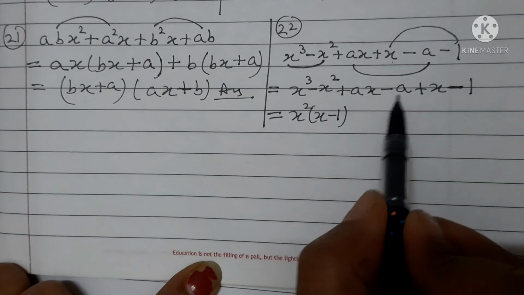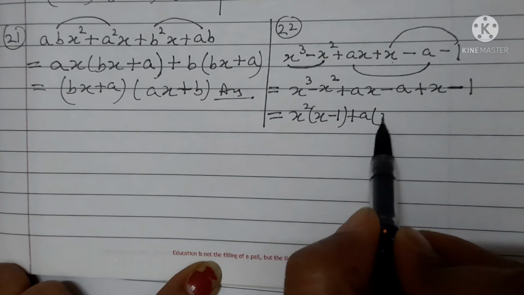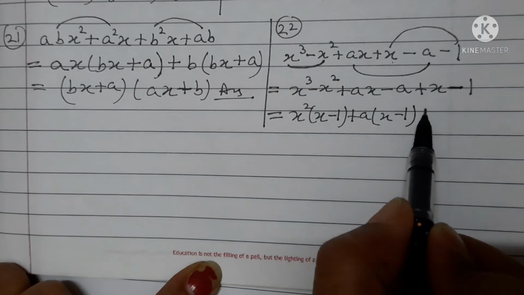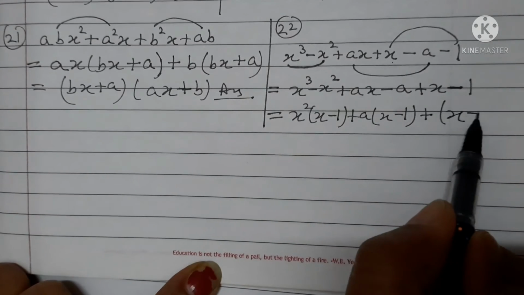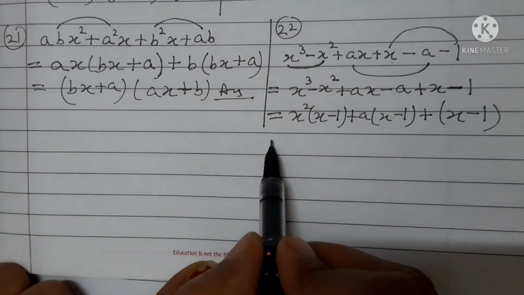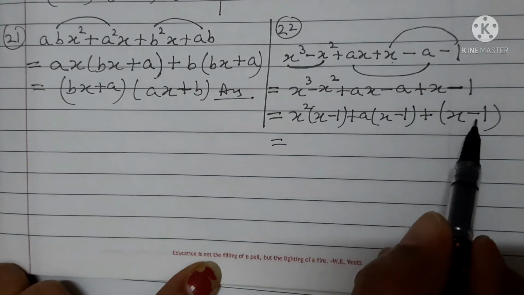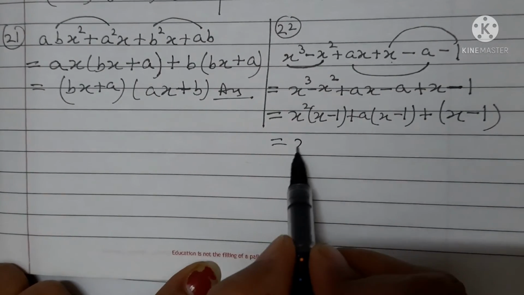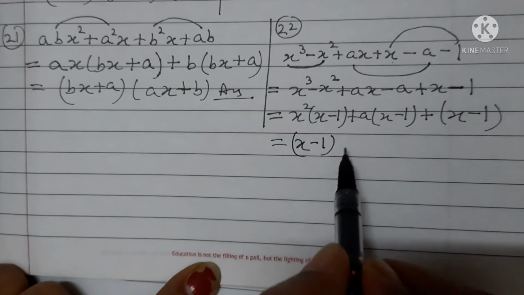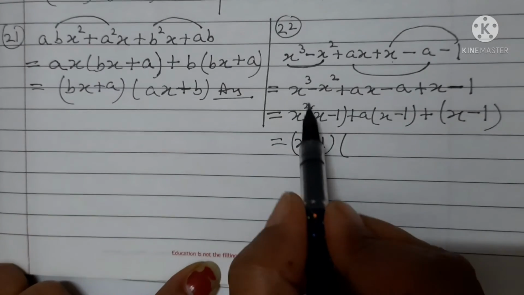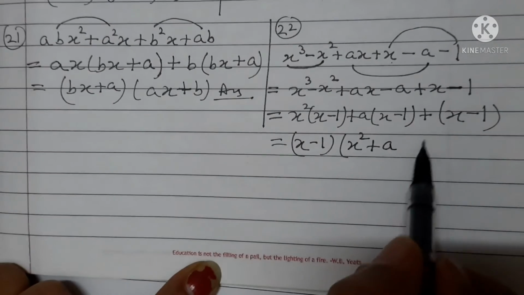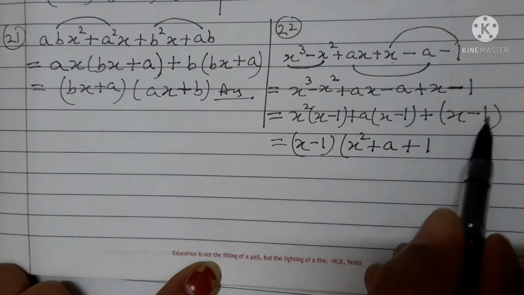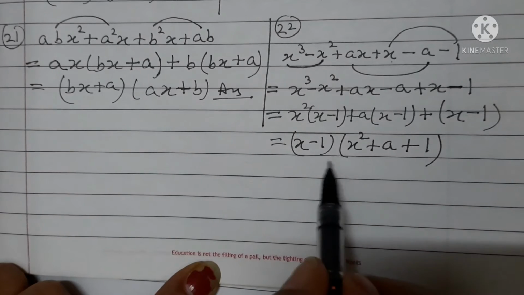Here in these two take a common, x minus 1 in the bracket, plus take 1 common, so x minus 1 in the bracket. x minus 1 is present in these three terms, take common x minus 1, and in the bracket x square plus a plus 1, because this is taken out. Now this is the answer.